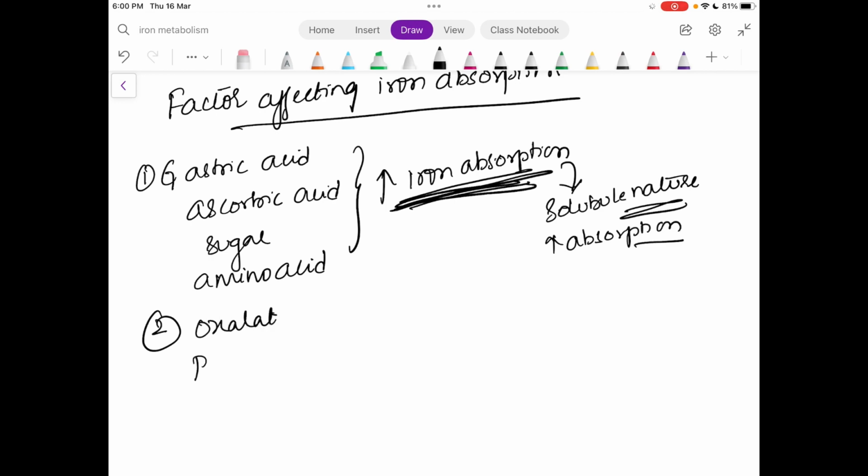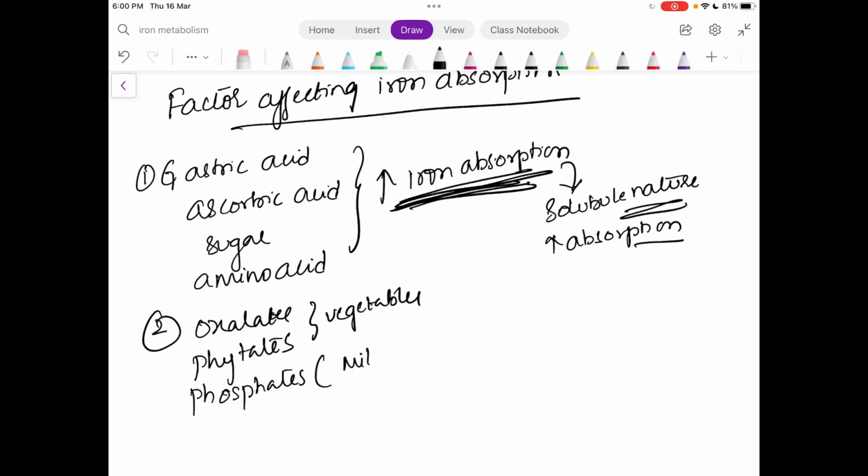But oxalates, phytates, phosphates, these are present in vegetables. These phosphates are present in milk and egg. Tannates, these are present in tea.